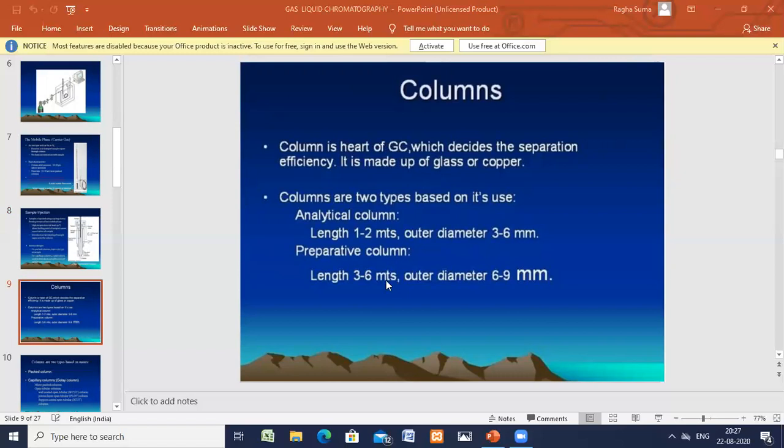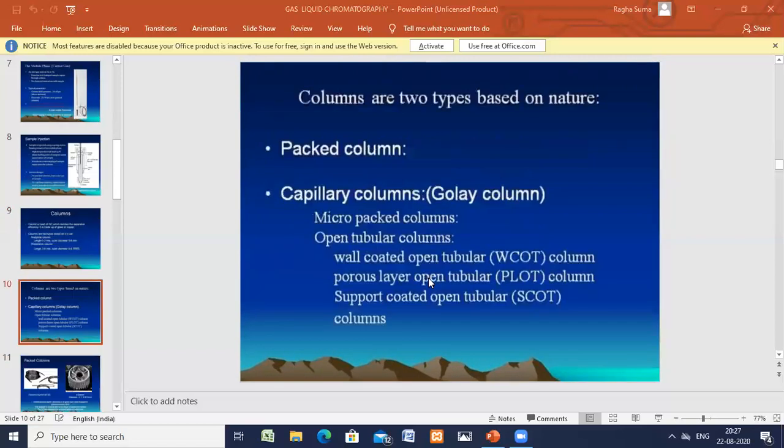The preparative column is generally 3 to 6 meters long and the outer diameter is 6 to 9 millimeters. It depends on whether you do analysis or use preparative columns.